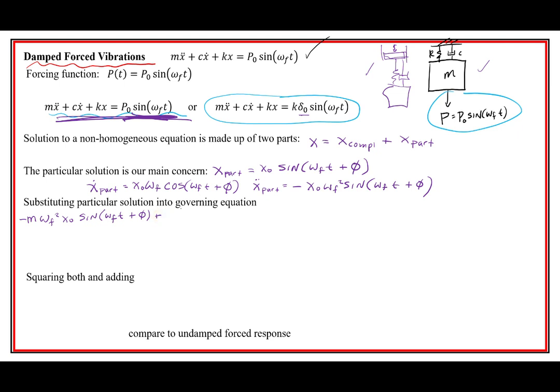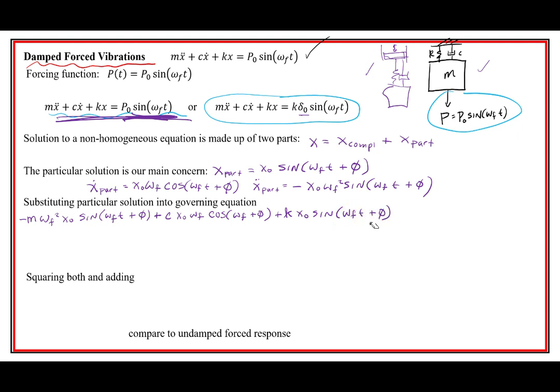Now I'm going to have to put in the next one, and that's going to be c times x0 omega f cosine of omega f t plus phase angle, and then next is going to be plus k x0 times the sine of omega f t plus phase angle.